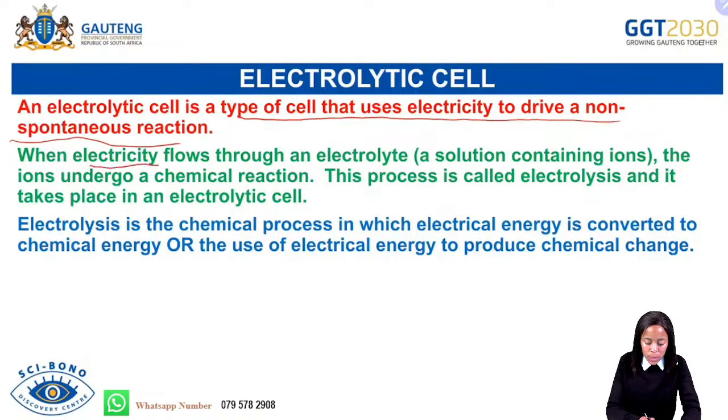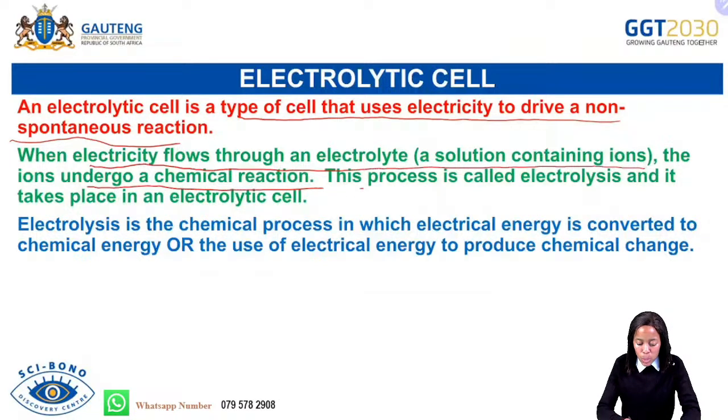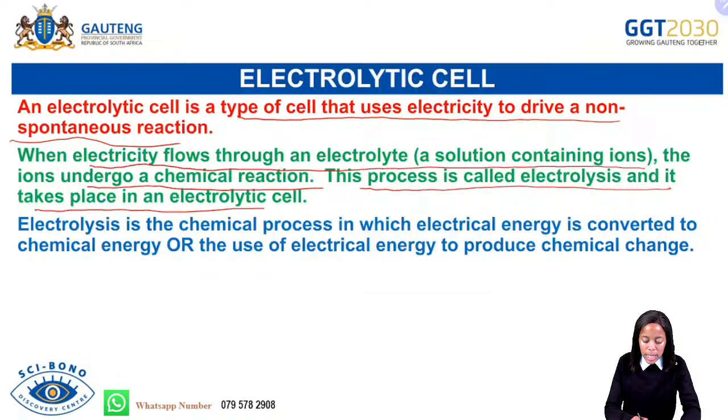When electricity flows through an electrolyte, a solution containing ions, the ions undergo a chemical reaction. This process is called electrolysis, and it takes place in an electrolytic cell.